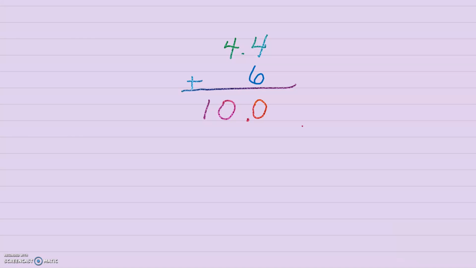All right, so 4 plus 6 is 10. So we would write down our 0 and regroup or carry our 1. We know there's a decimal point in front of the 6 because we're keeping our place values in alignment.